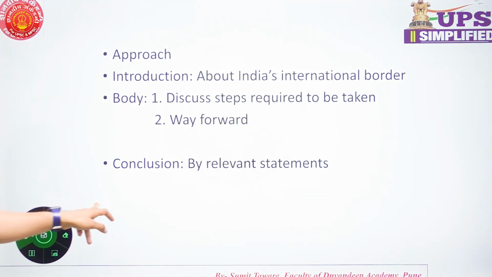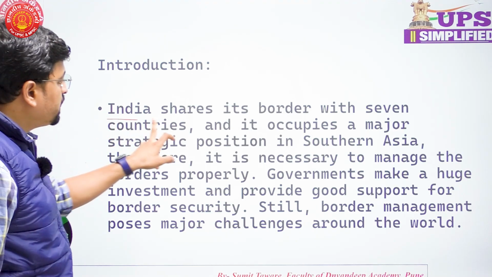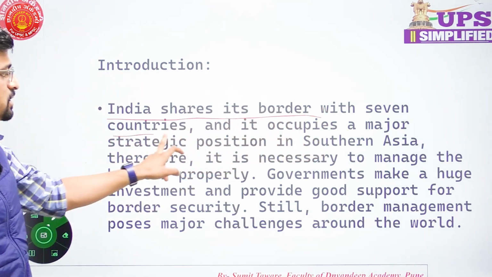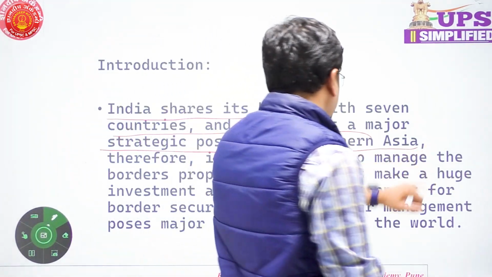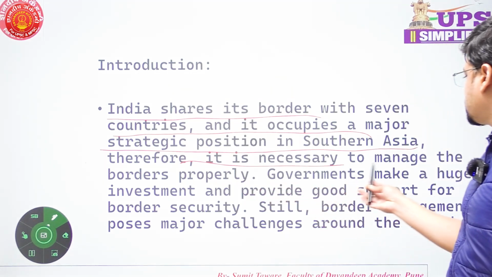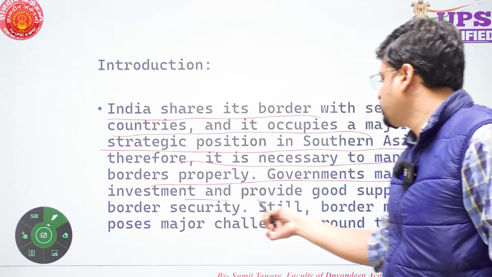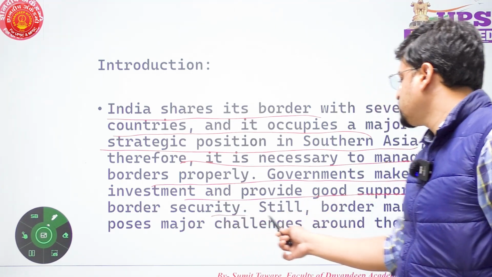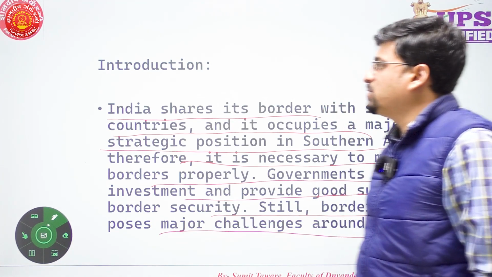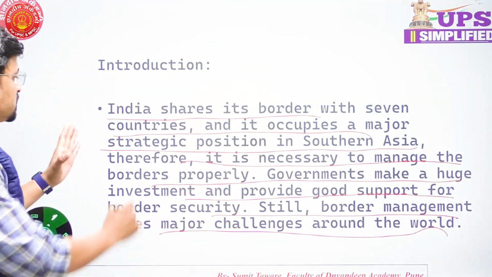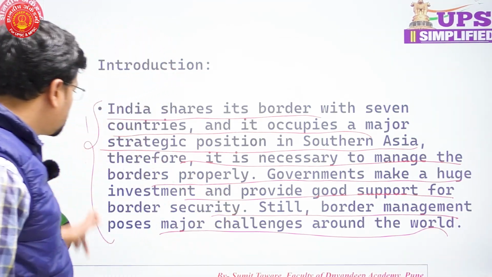Okay, so we'll see the introduction. In the introduction: India shares its border with 7 countries, and it occupies a major strategic position in southern Asia. Therefore it is necessary to manage the borders properly. Governments make a huge investment and provide good support for border security. Border management poses major challenges around the world. So here I have summarized the exact position of India's border security in the current scenario.